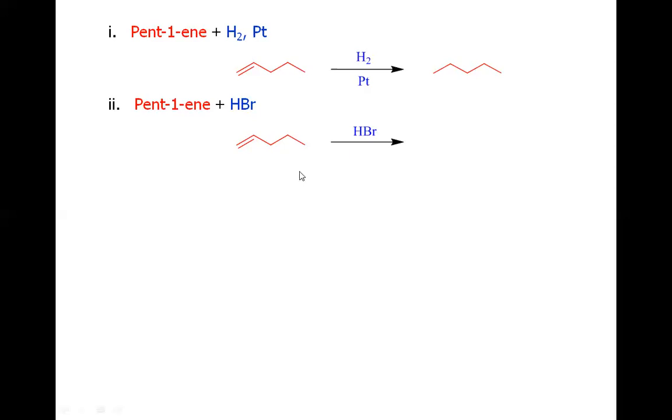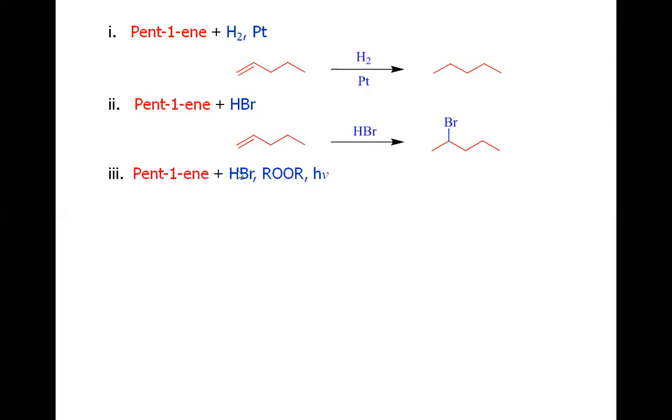So the H must attach to this terminal position so that we have the secondary carbocation, which will be immediately captured by the nucleophile, the bromide ion. So overall we will have the addition of HBr in which the H will attach here and the Br will attach here. This is in accordance with the Markovnikov rule.